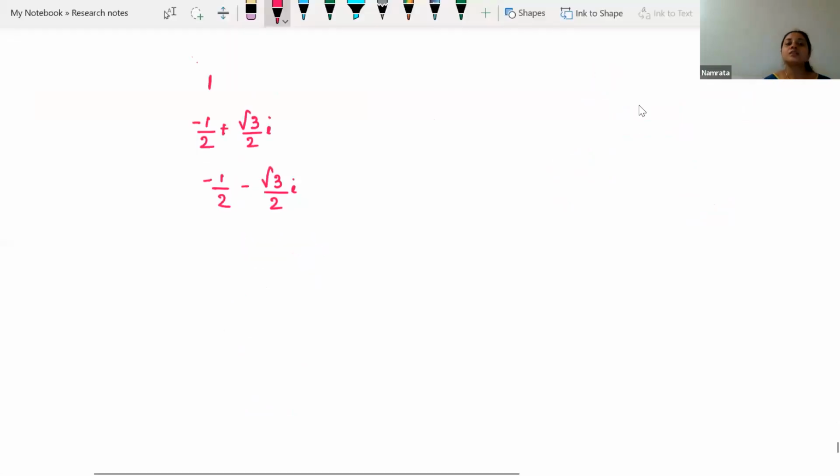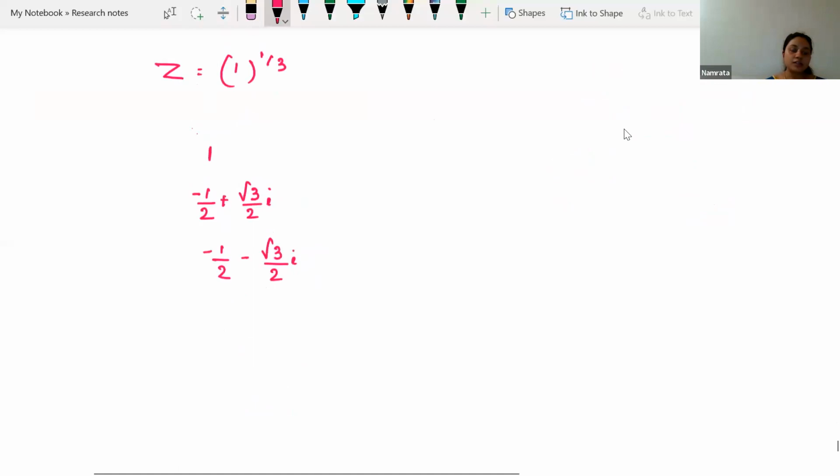So these are the three values which we got in Cartesian form. You can see all look like a plus ib, right, Lina? Yes, ma'am. So at last we have just simplified our answer and written it in Cartesian form, that is a plus ib.